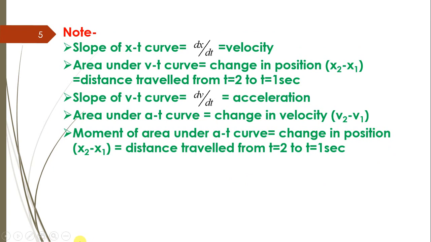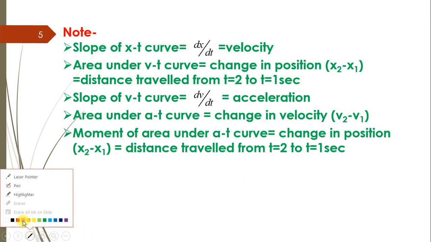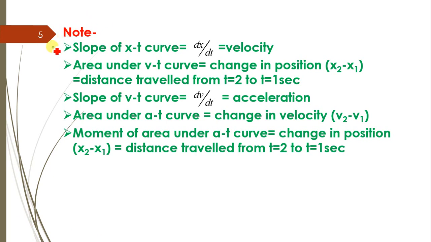So these are the few important points that we can get out of the motion curves. From the x-t curve we get one value: the slope of the x-t curve is velocity. From the v-t curve we get two values: the area under the v-t curve and the slope of the v-t curve.